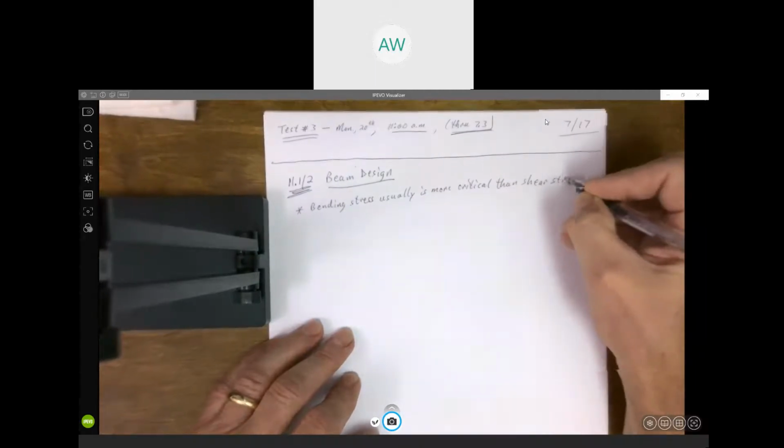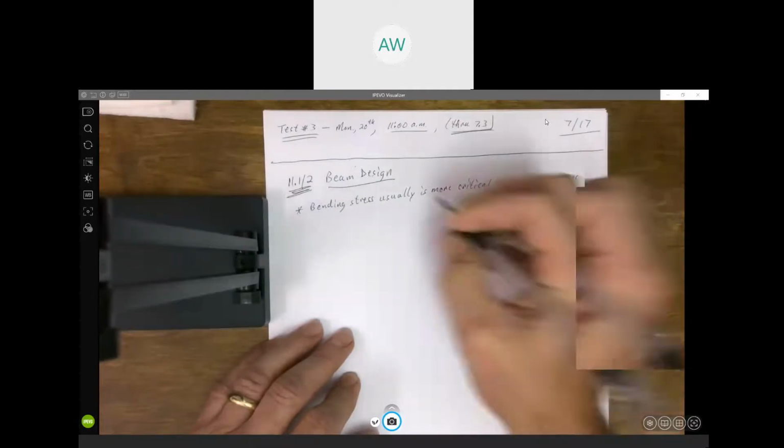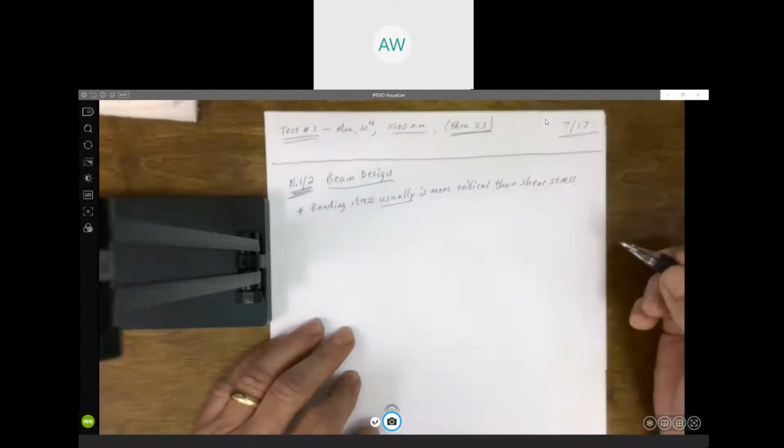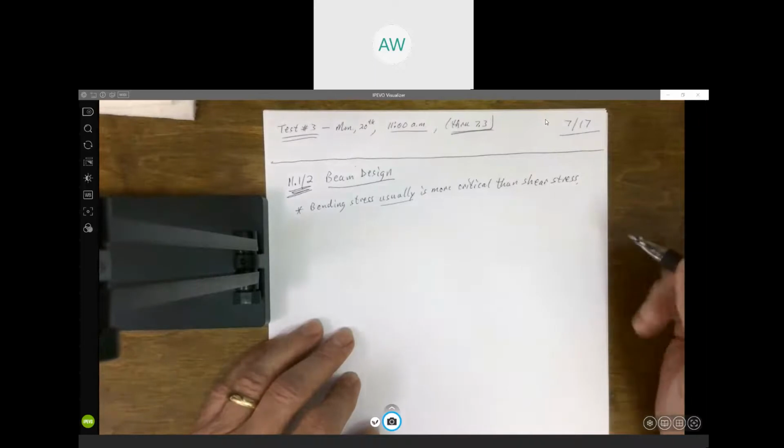I'll emphasize, usually, there are always exceptions, but the majority of the time the bending stress is what's going to determine the size of the beam.